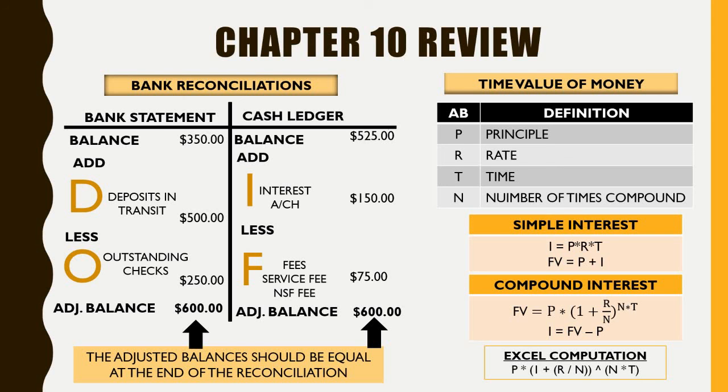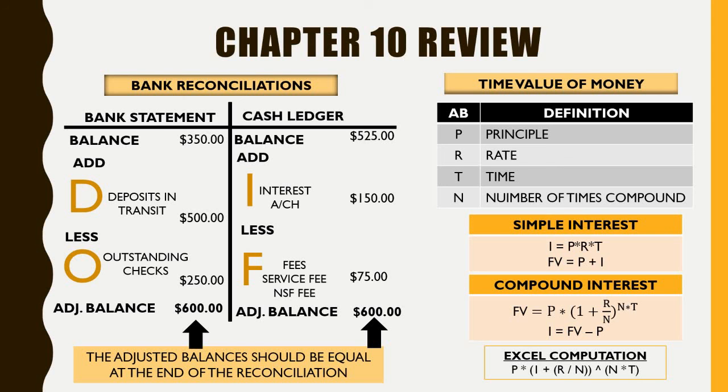That's the best way to remember the bank reconciliation. When you're dealing with the bank, it's your DUES. If it's the cash side, it's your IFS. And remember, at the end of the adjustment, they need to equal the same amount.